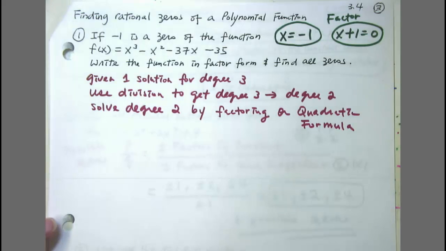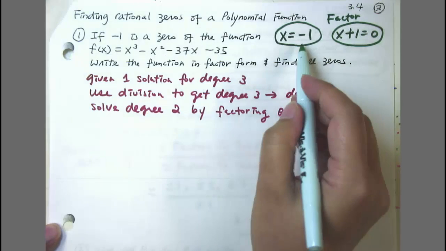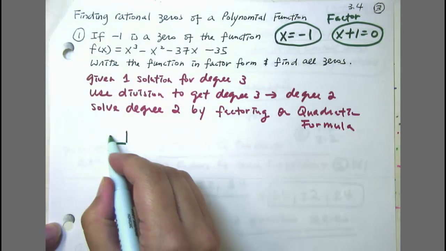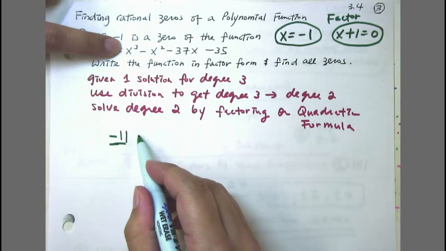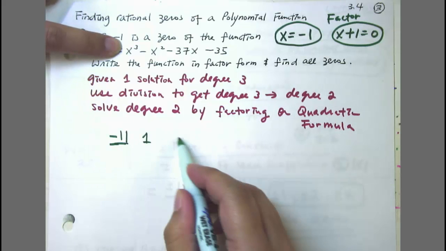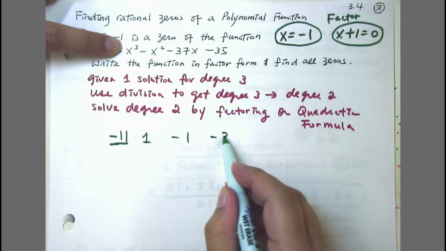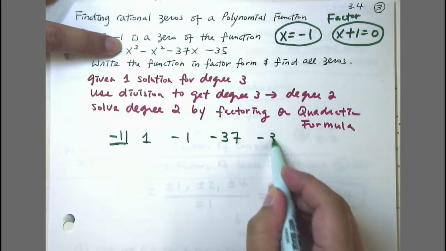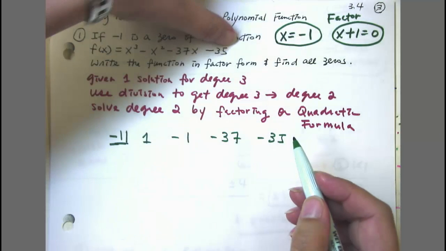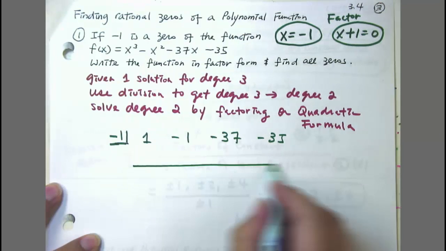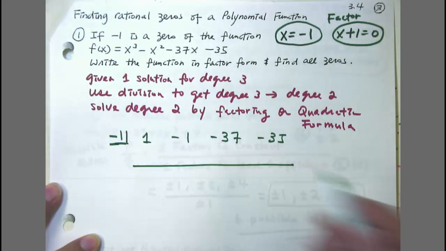That actually would work this time because we have x equal to -1, which we can put here, right? And for your dividend, the coefficients are 1, -1, -37, and -35. It's in descending order, 3, 2, 1, no x, so we can just put it like that. And then first we do what?